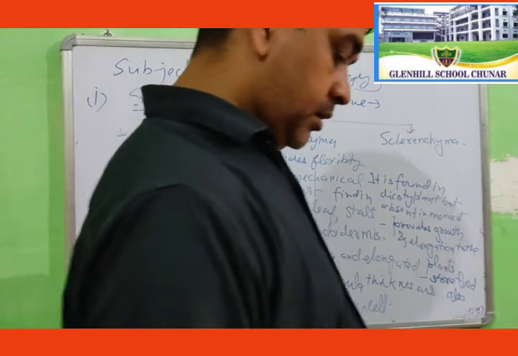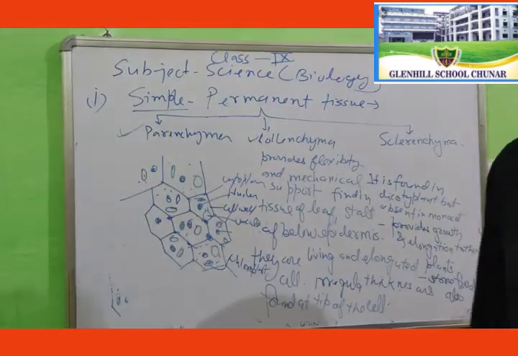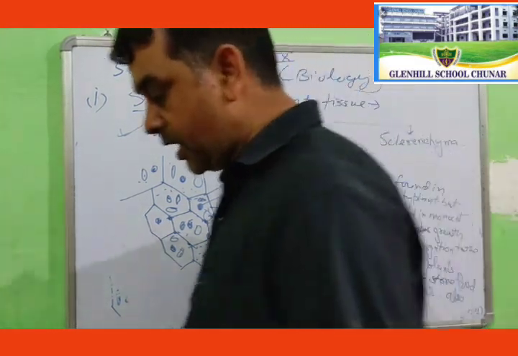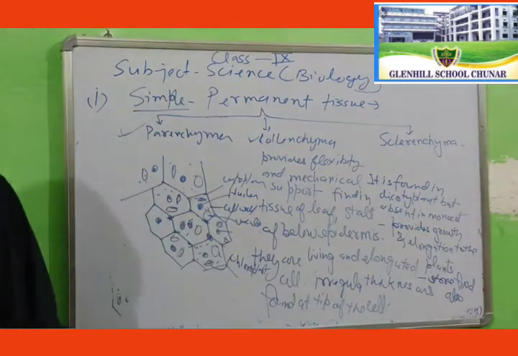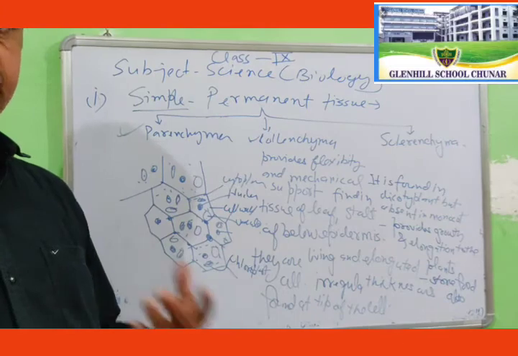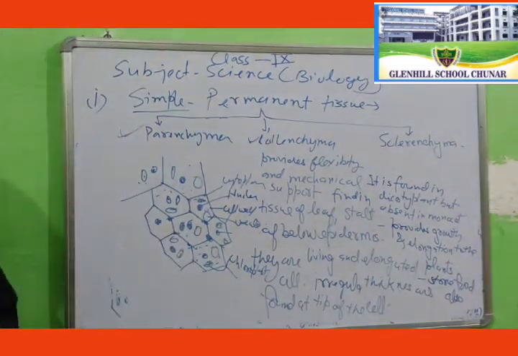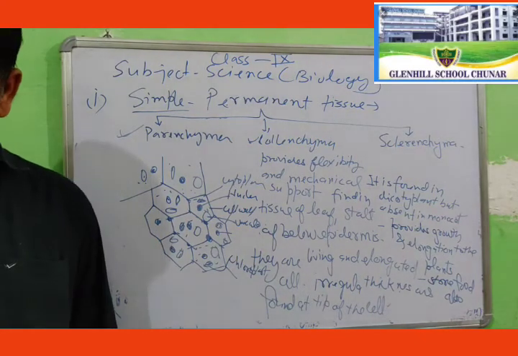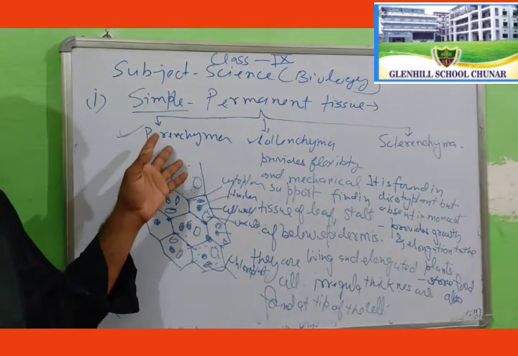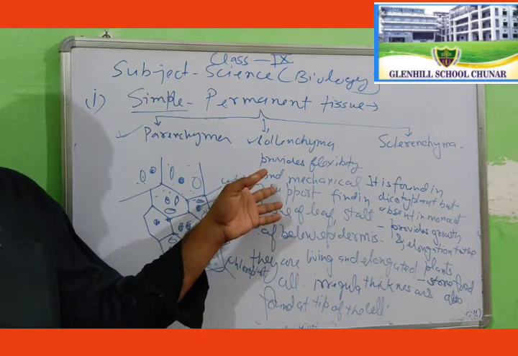So there are some differences between the parenchyma and collenchyma. You know what are the differences between them? I will discuss in your next class, but you will learn about it. Means in parenchyma they are spherical and polygonal, and the collenchyma cells are elongated.